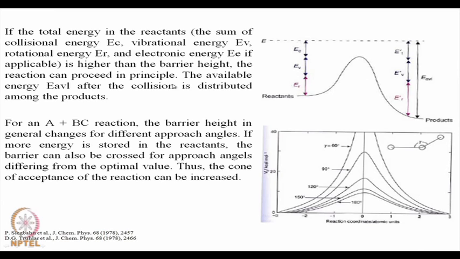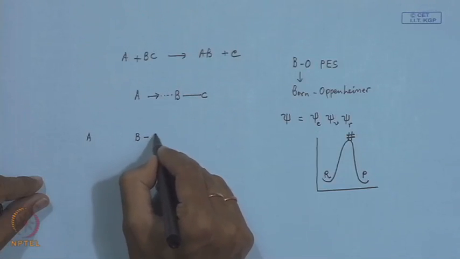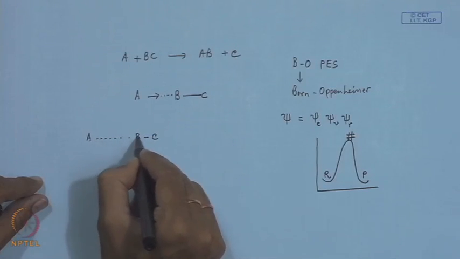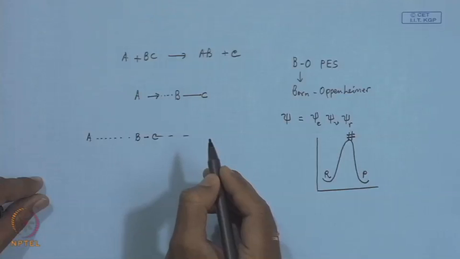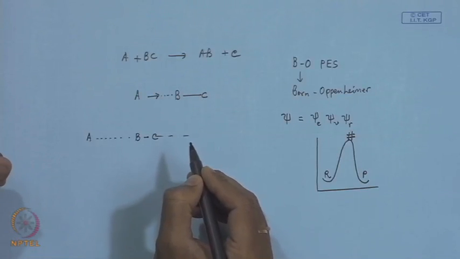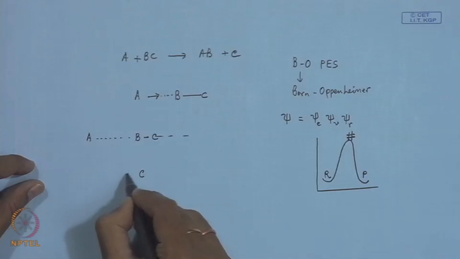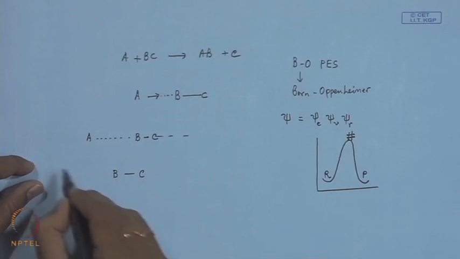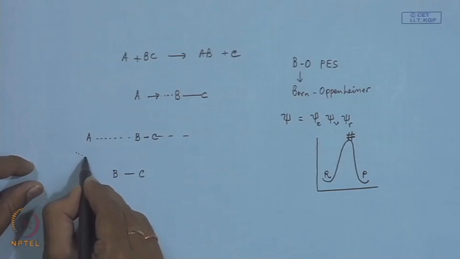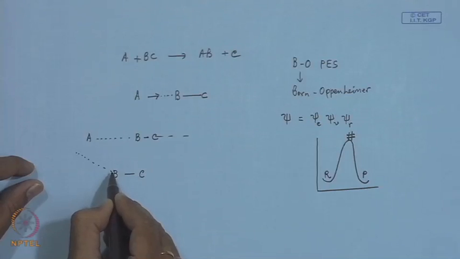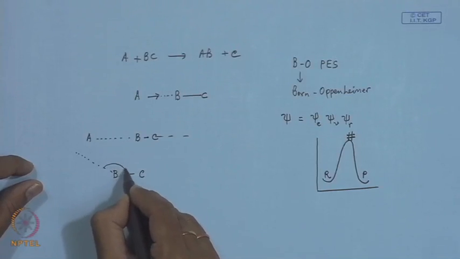Now, again think of this line of approach. Say this is A, this is B, C, and you join them with a line. Then draw another diagram where B, C is there, but A is approaching at some angle, maybe that angle is gamma.